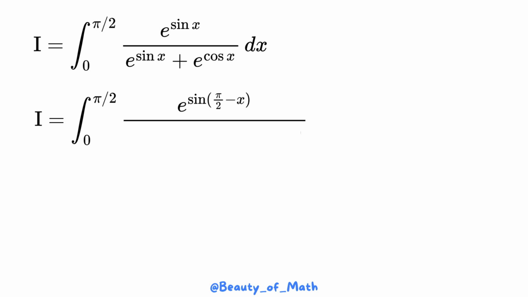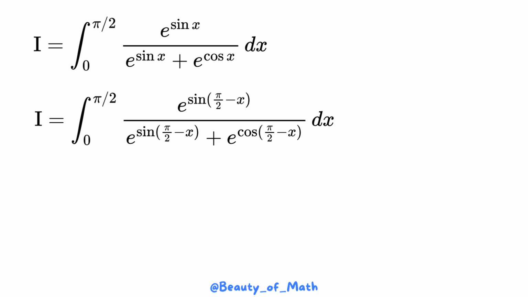Now look down at the denominator. The first term becomes e raised to the power of sine, evaluated at pi over 2 minus x. This is added to the second term, which is e raised to the power of cosine, evaluated at pi over 2 minus x. Don't forget our dx at the end.